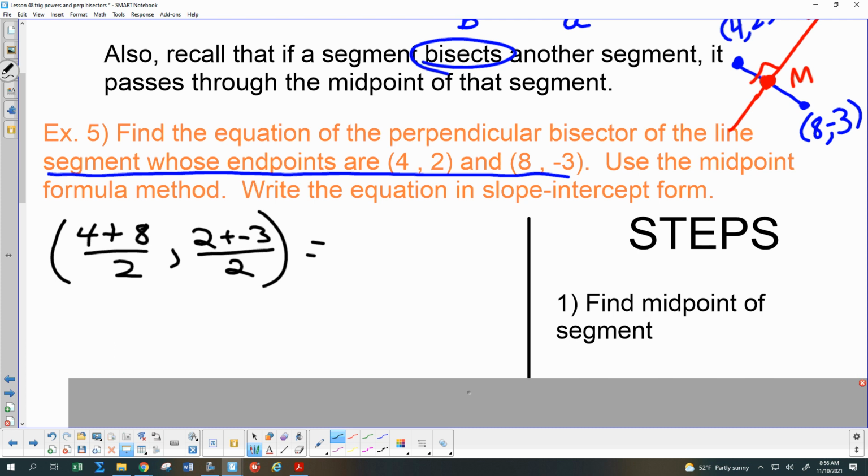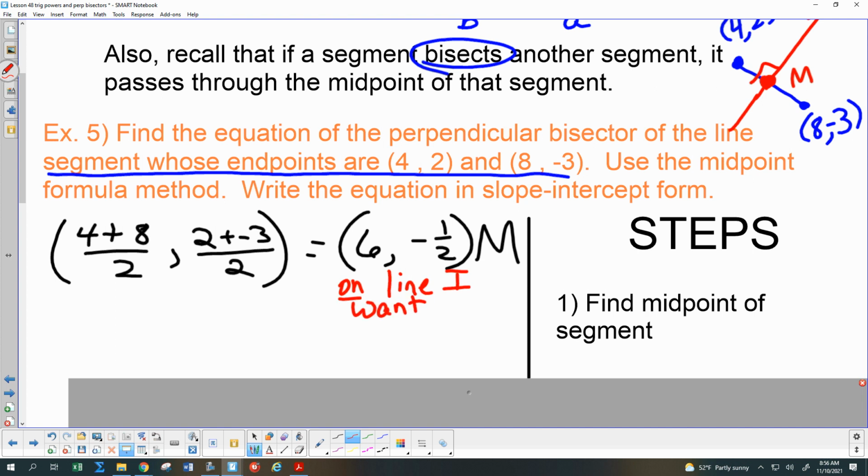And I get 12 over 2 is 6, negative a half. That is my midpoint. The midpoint is on the line I actually want. So it needs to make the equation that I end up with true. You with me on that?